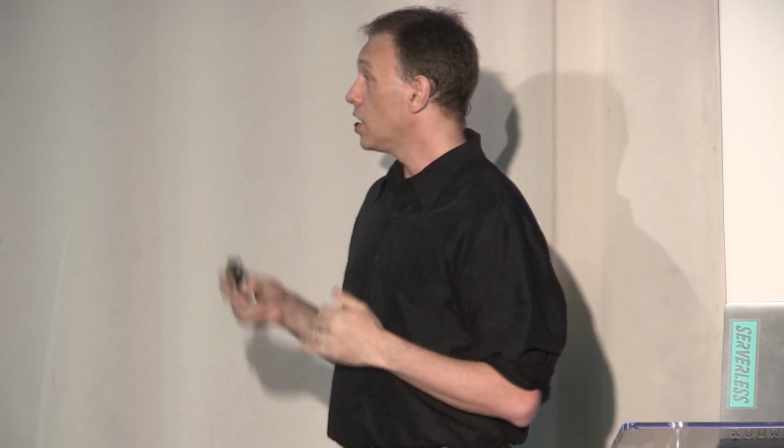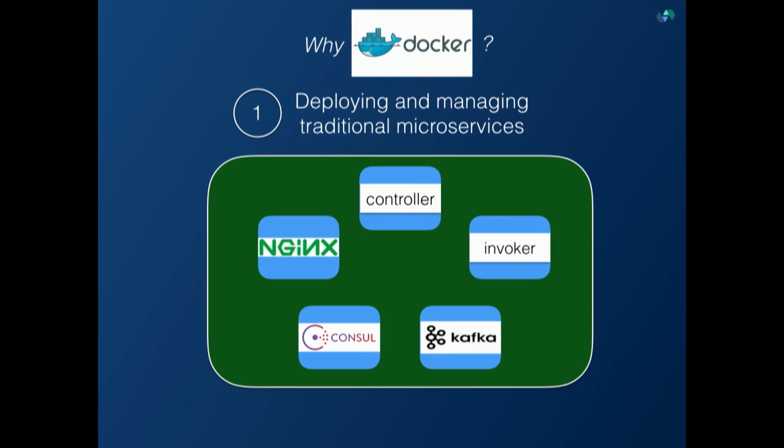It encapsulates your environment and your dependencies. There are excellent tools for managing, deploying and restarting. So if you're building a traditional microservice architecture, as many of you probably know, Docker is a great technology for managing the deployment, isolation and discovery of all these processes.